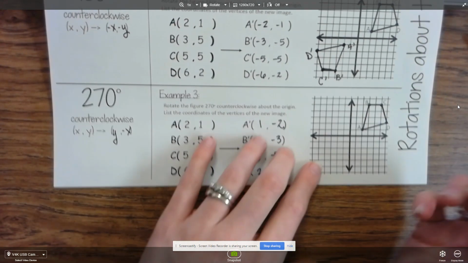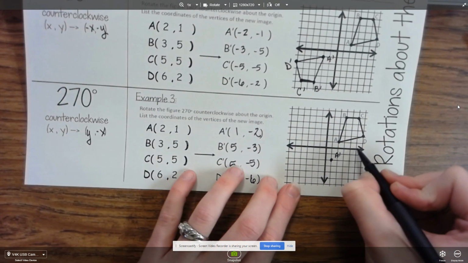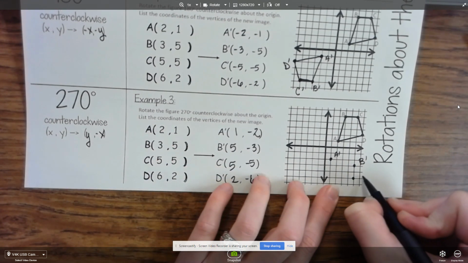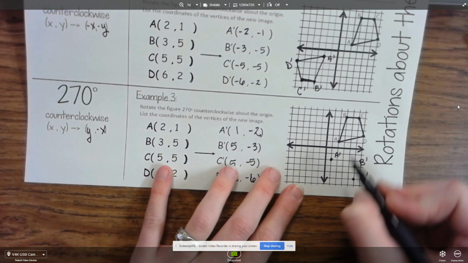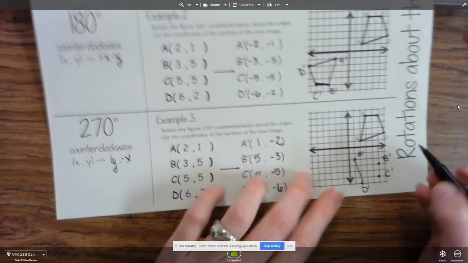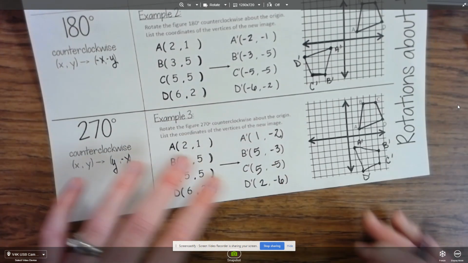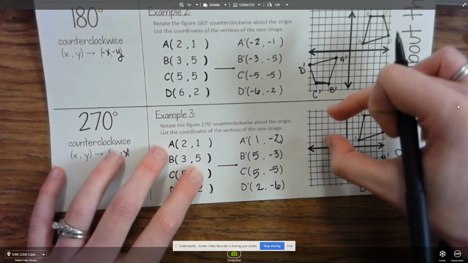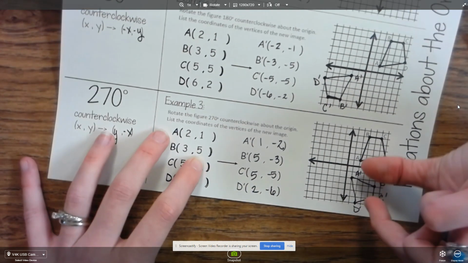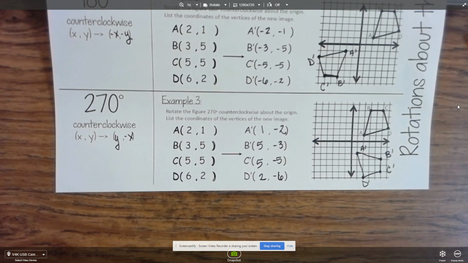So 1, negative 2, that's A prime. 5, negative 3, that's B prime. 5, negative 5, that's C prime. And then 2, negative 6, that's D prime. And so again, you can kind of see how we would turn it this way, and then we would turn it this way, and then we turn it all the way back around here, and you can kind of watch how the top would move each way that you would turn it.